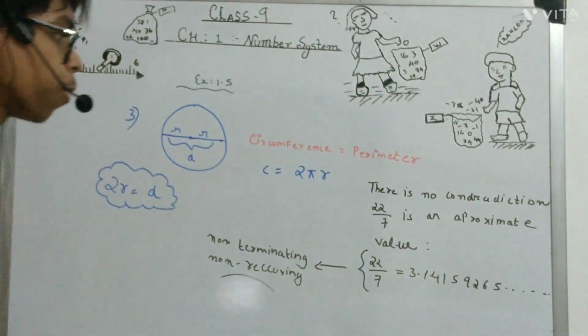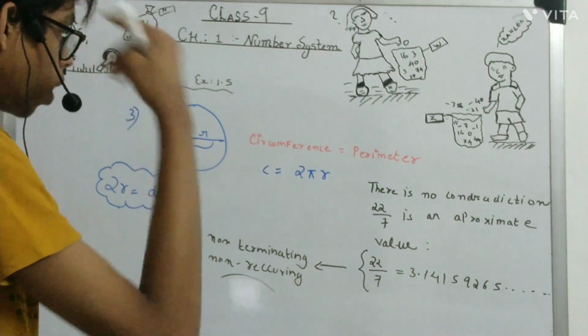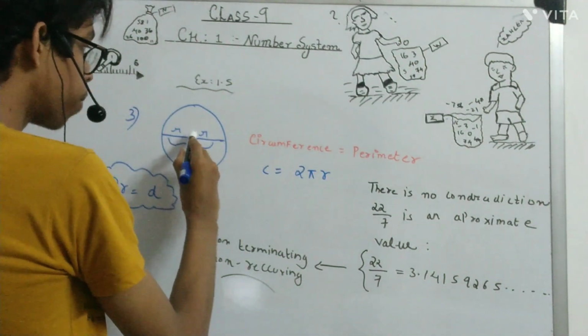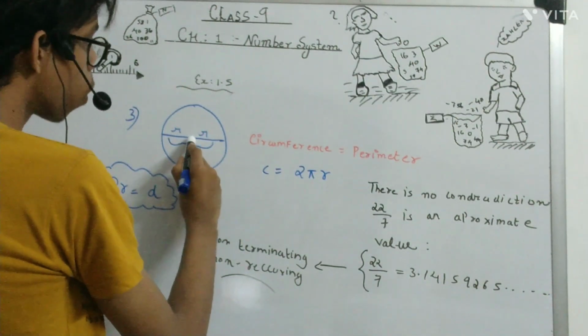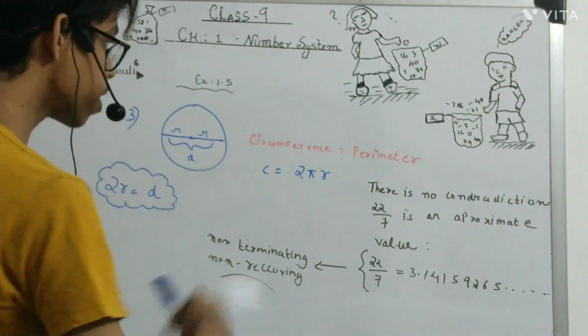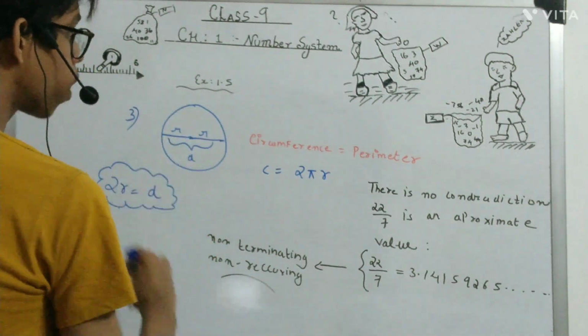So basically, first of all, let us understand a few things. We know this is a circle, and the distance from the center of the circle to the boundary of the circle is what we call the radius. From this side also we can draw a radius.